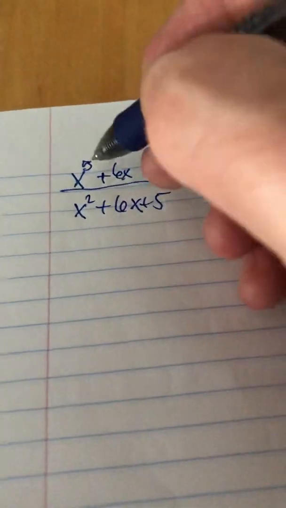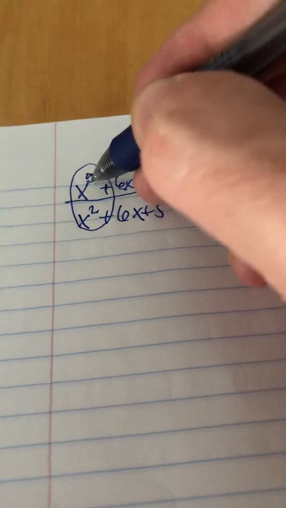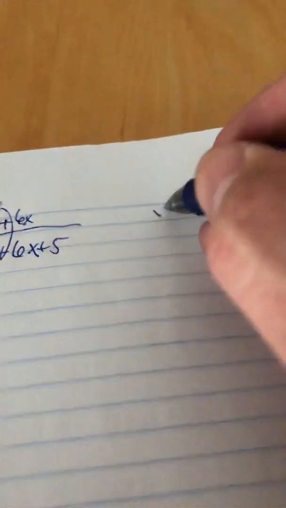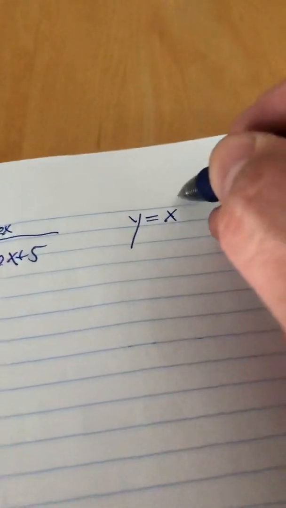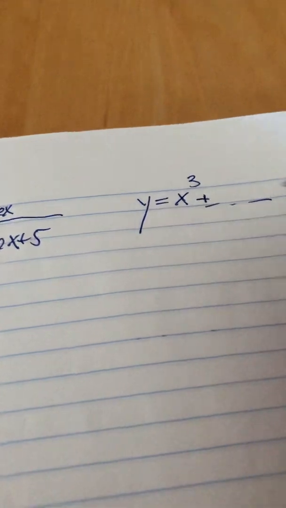So let me turn the page real quick. So if you have an x to the 5th and then plus 6x, and down here you've got x squared plus 6x plus 5. Because this degree is 3 less than this degree, your oblique asymptote, it's not oblique asymptote, it's end behavior, is going to be x cubed plus something.